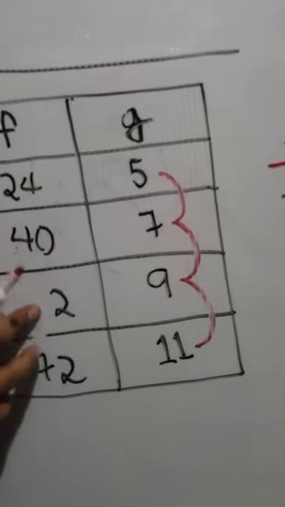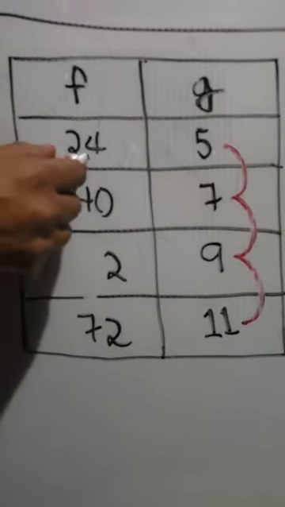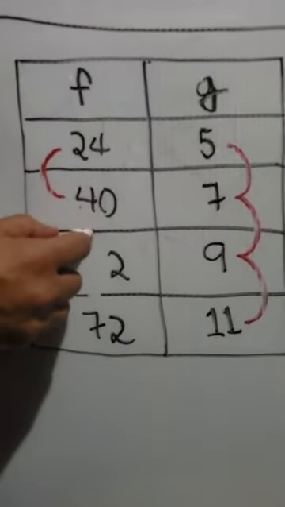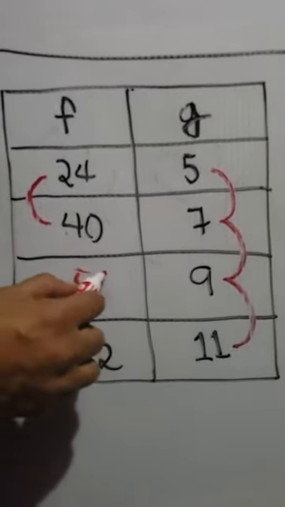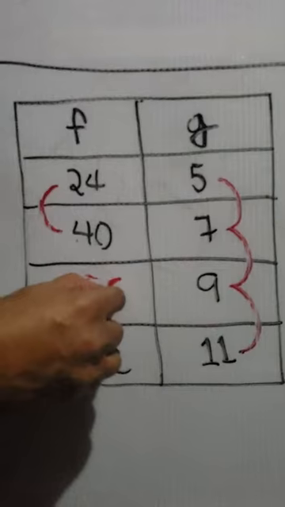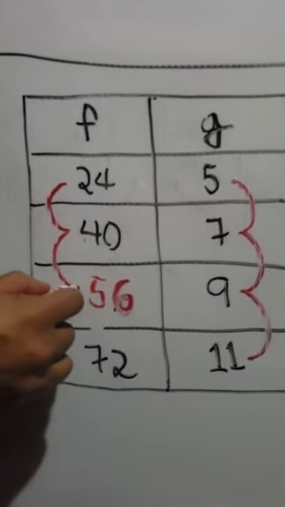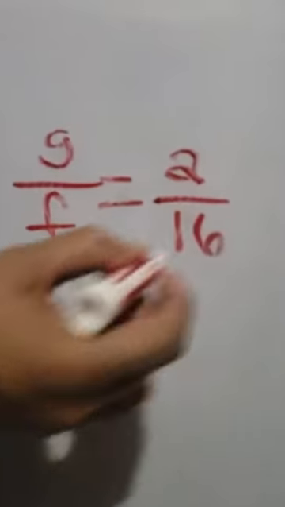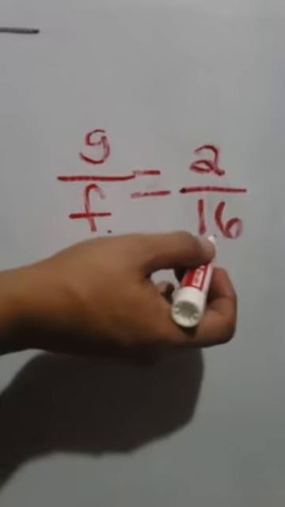It should be 46, I guess. 24 plus 16, that will be 40. 40 plus 16, that will be 56. I'm sorry. That was the mistake. 56. 16 numbers. And another 16 for 72. Now the number here is 16. The pattern for the G is by 2. And the pattern for the F is by 16.